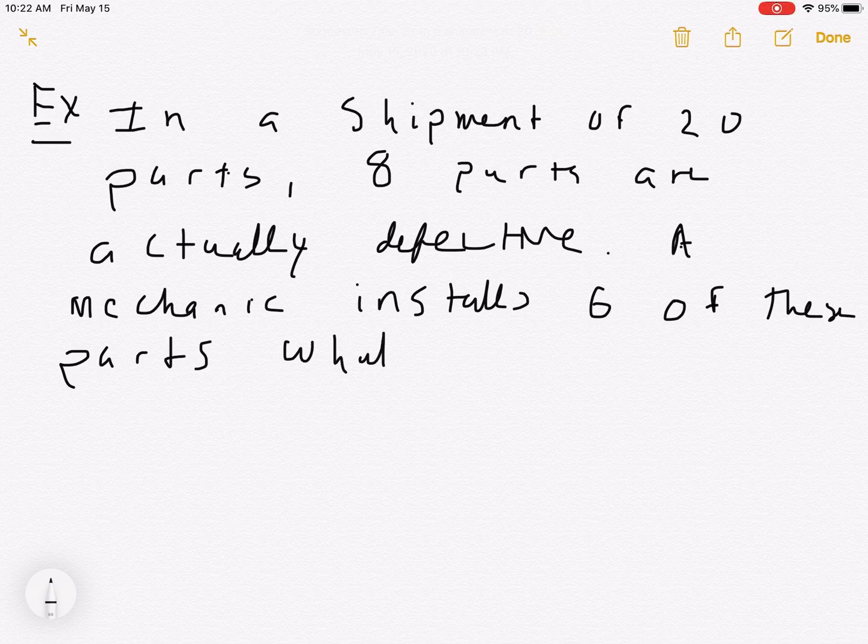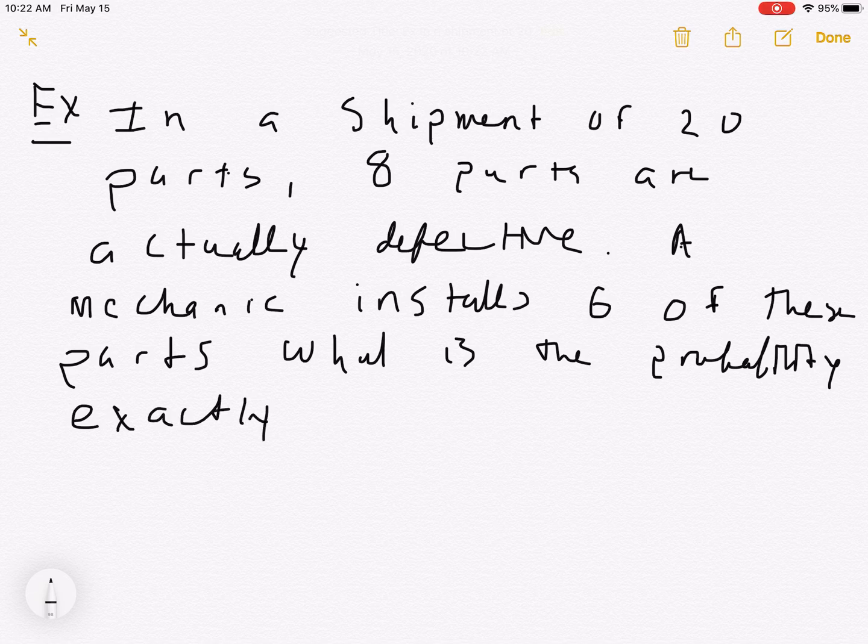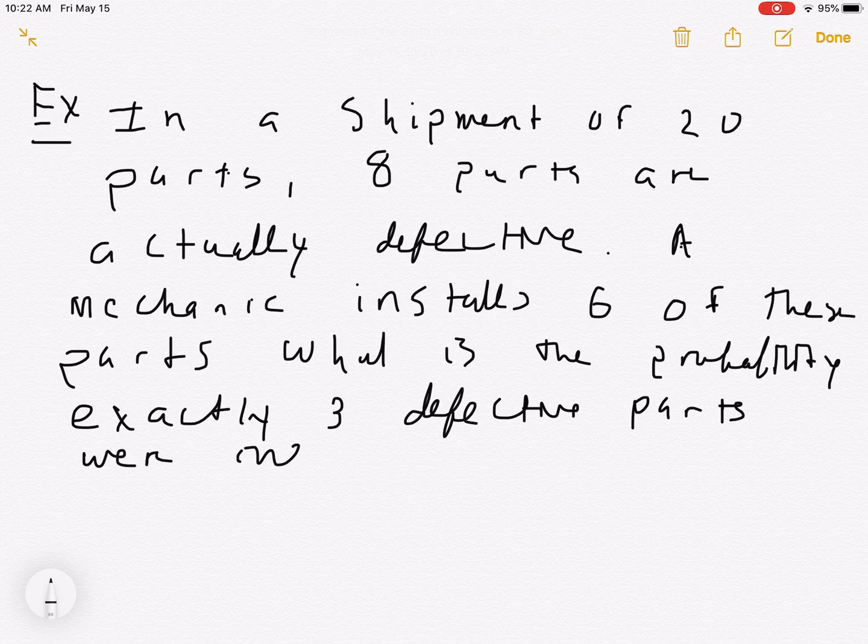What is the probability exactly 3 defective parts were installed?